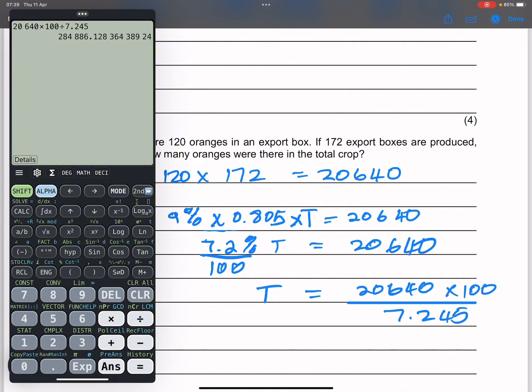Okay, I get a total number of oranges to be 284,886. Now, the 0.12 of an orange I will not take. That's not a full orange. So that will be the total number of oranges that we had. I hope that makes sense, ladies and gents.